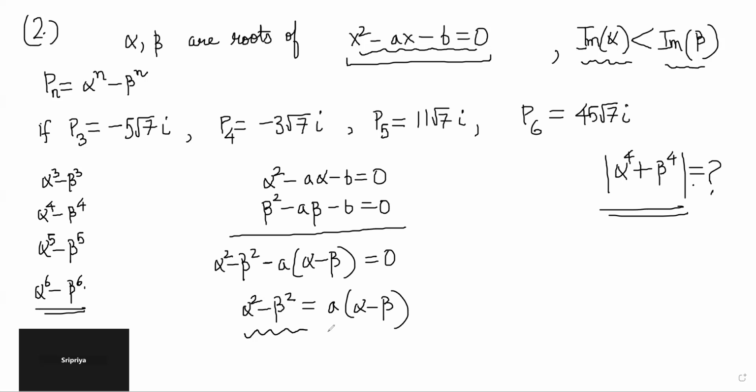Alpha and beta are not equal, so we can cancel the factors and say that alpha plus beta is equal to a.